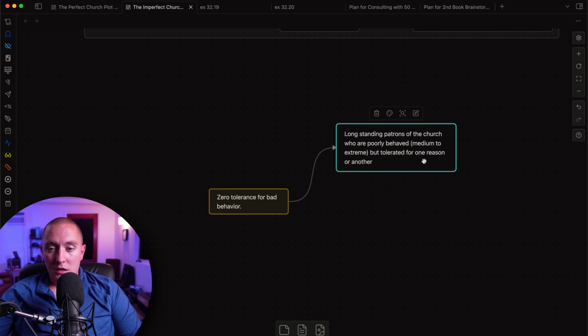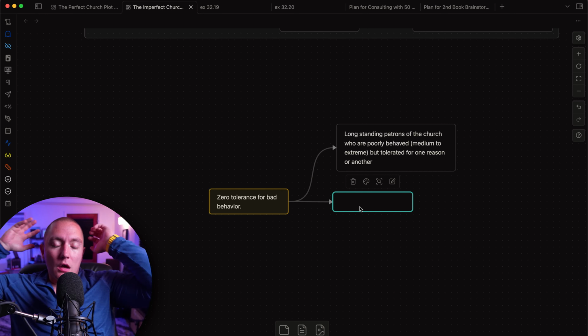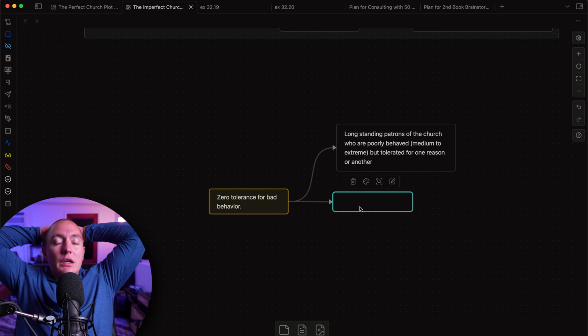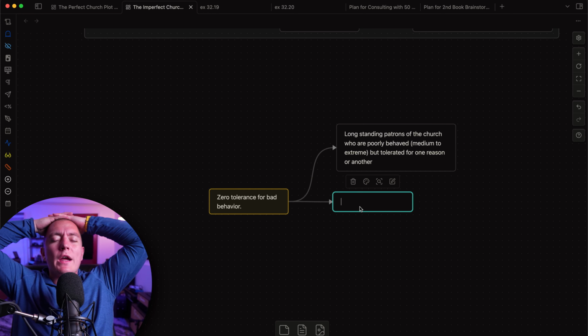So long-standing patrons of the church who are poorly behaved, and not poorly behaved in the sense of like you farted in church service, but poorly behaved in the sense of doing something really wrong, like maybe gossiping, just continuously gossiping, continuously sharing other people's private information, maybe continuously distracting people from doing the right thing.